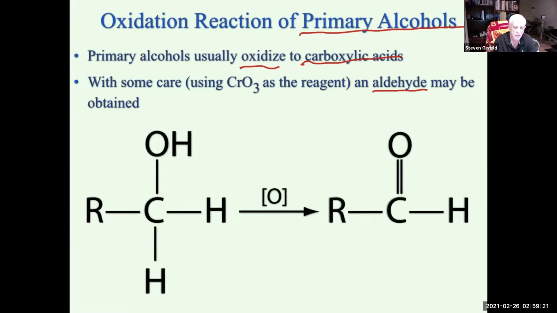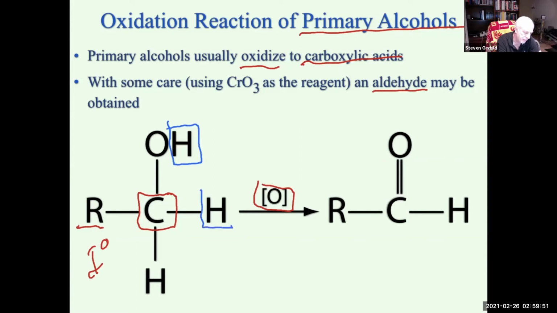Okay. So this is a primary alcohol, right? How do we know it's a primary alcohol? Because here's the carbon with the OH group attached. There is one carbon alkyl group attached. So it is a primary alcohol. And again, in an oxidation reaction, here's a little O in our brackets, which means we're going to lose a hydrogen from the OH group and a hydrogen from the same carbon.